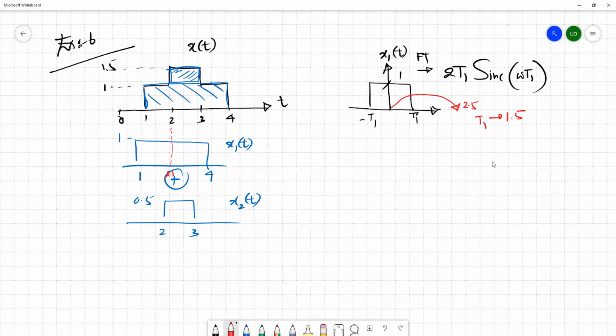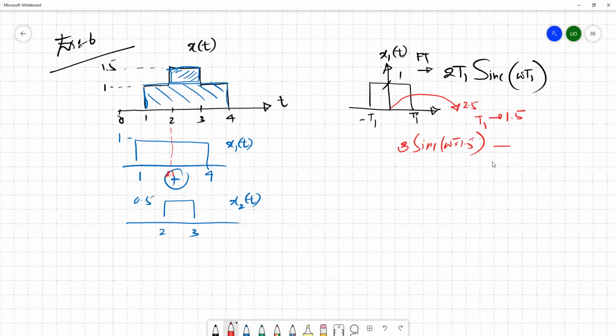So we can obtain this function by substituting t1 as 1.5 and shifting this original version by 2.5. It means this becomes 2 t1, so it's 3 times sinc(omega t1), where t1 becomes 1.5.